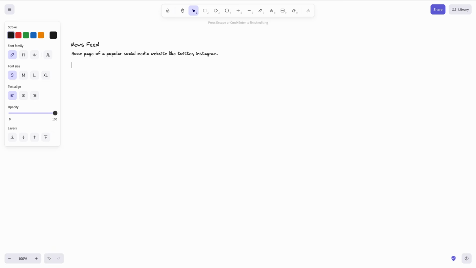On a basic level, as part of this video, I would like to cover these requirements. So I'll start with the functional requirements. The first one being, user should be able to make posts containing text.